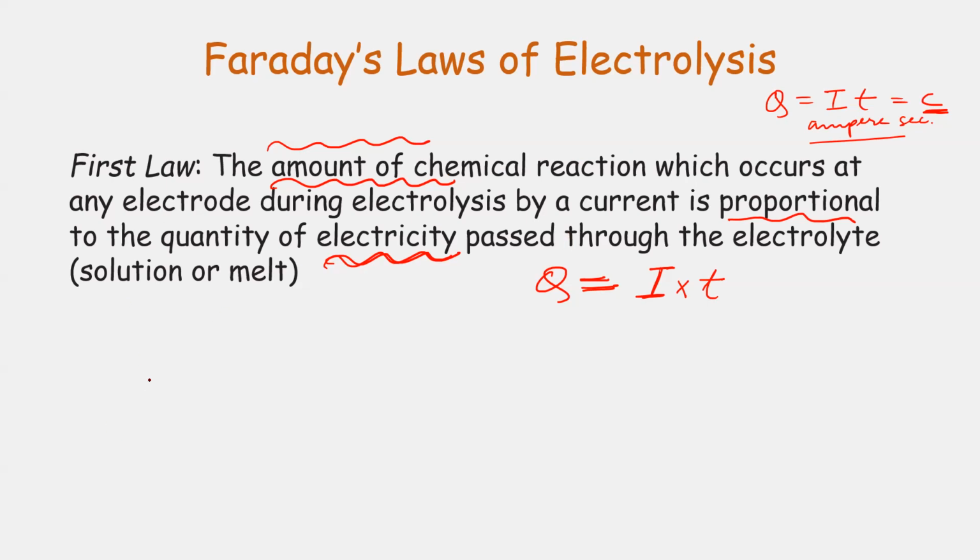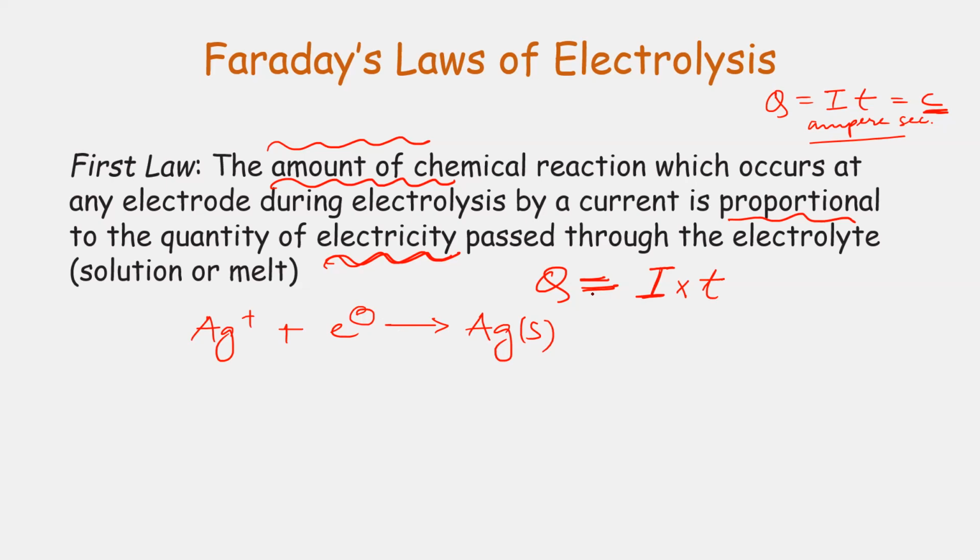Now, for example, let us take a simple example of Ag positive. If Ag positive is eating up an electron, it will form Ag solid. Now we have to determine if we pass some amount of electricity, then how much Ag solid will be formed.